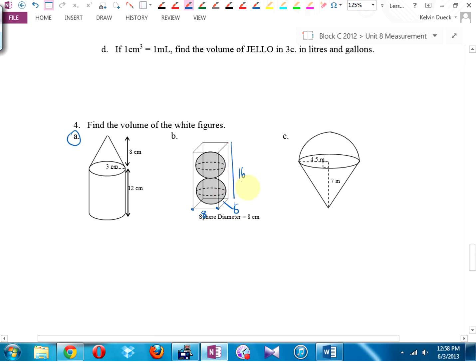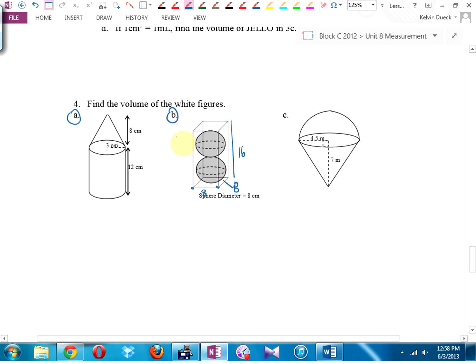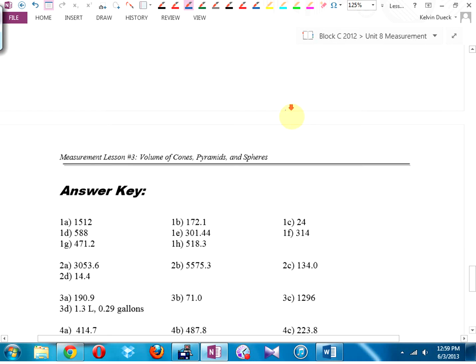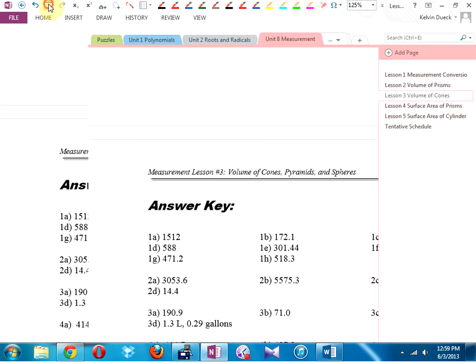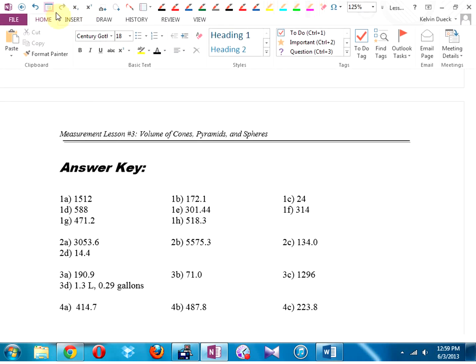Ah! So the big box is going to be length times width times 8 times 8 times 16 minus the 2 spheres. So that's okay. I think C is a hemisphere plus a cone. Ice cream, yeah, it's ice cream. So that's from assignment 3. And I think those answers probably should be good.